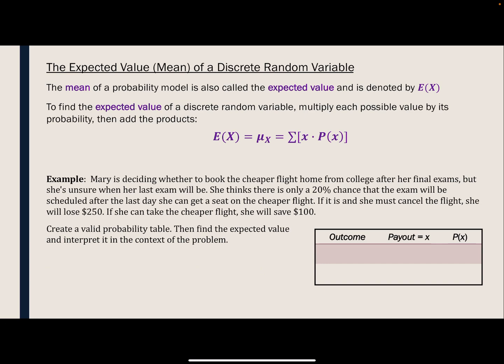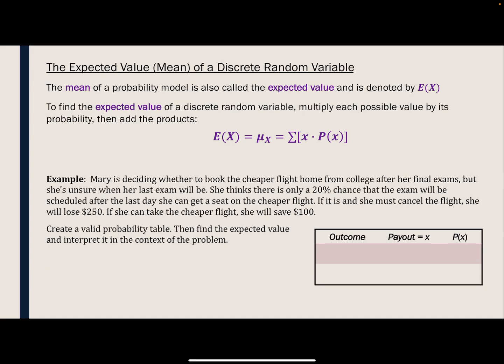And so we call it an expected value. So it's really a weighted average. We find this by taking each x and multiplying it by its probability and then adding all of those up. Sometimes when we have a really small table, like the example I'm about to do, we can do this by hand. But I'm also going to show you how to use the commands in your calculator to find this as well.